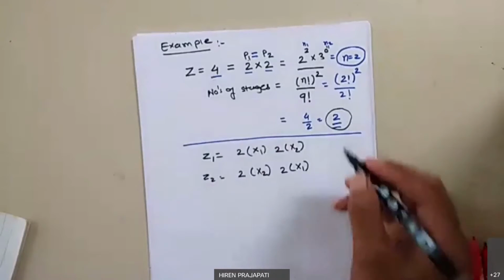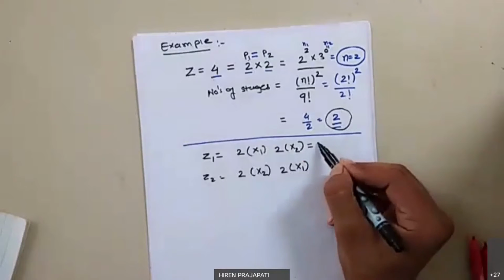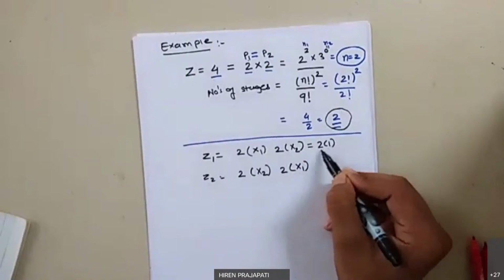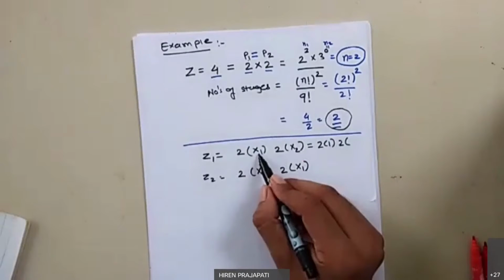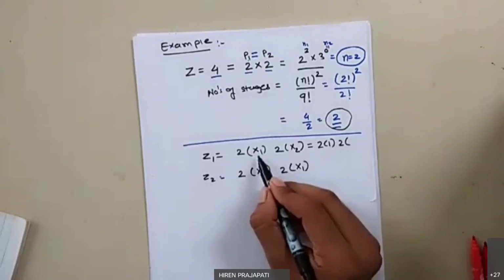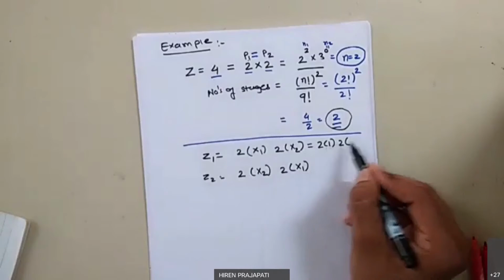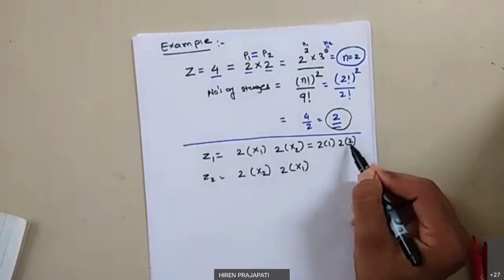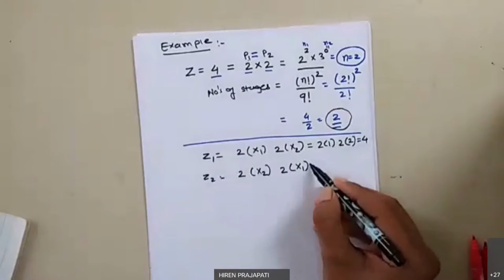Now, as I told you, x1 is always 1. So if I write 1 here, then what is x2? x2 is p1 times x1. So p1 is 2, x1 is 1, so 2 into 1 is 2, that is x2, and 2 into 2 is 4. In that way we get a total of 4 speeds.